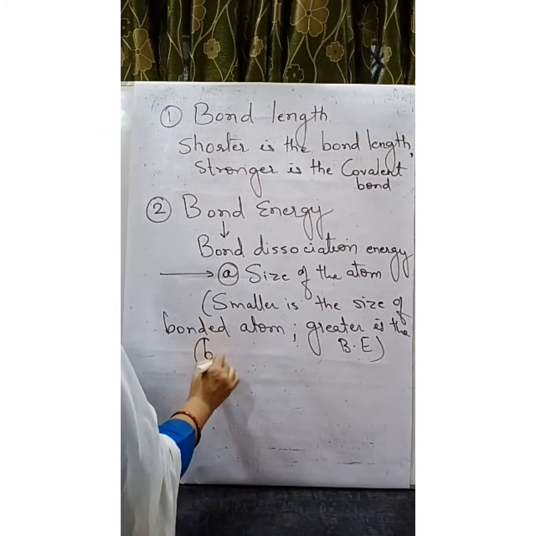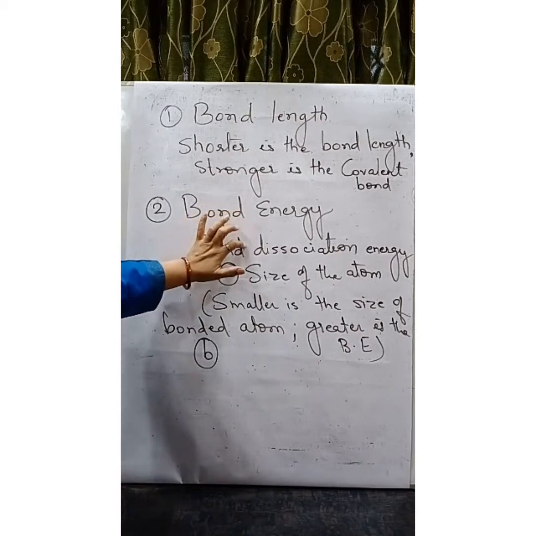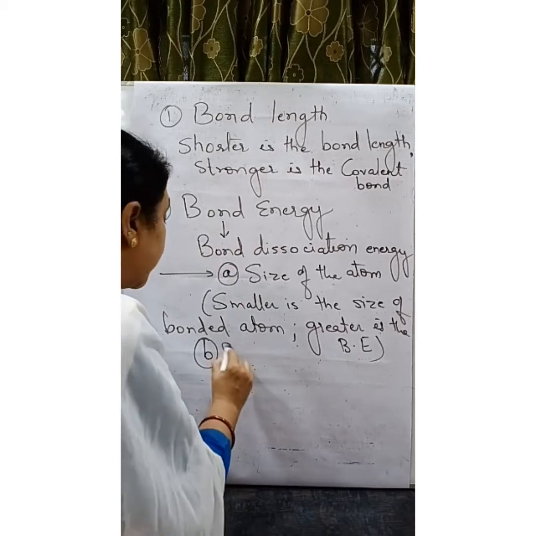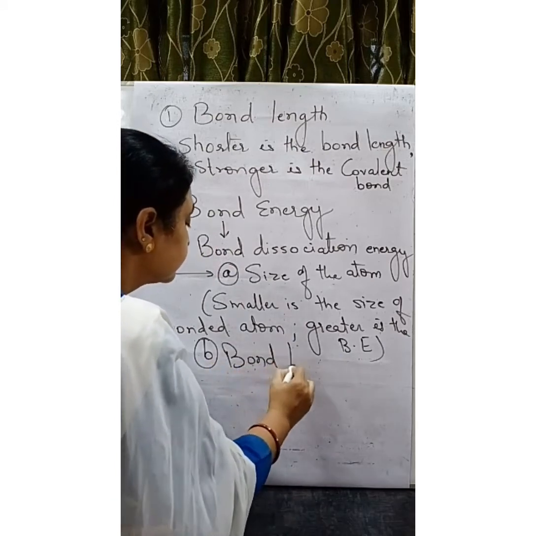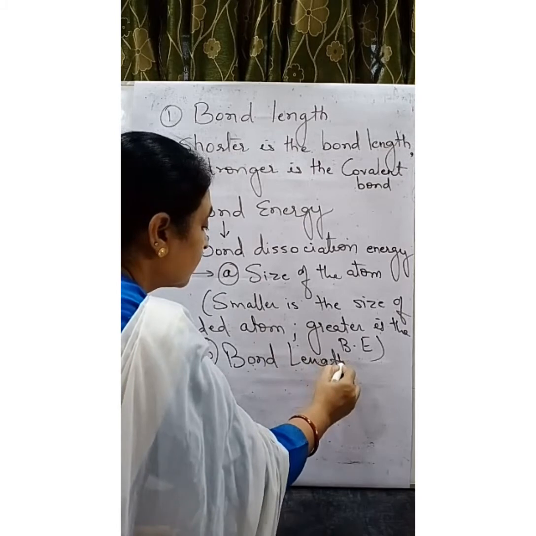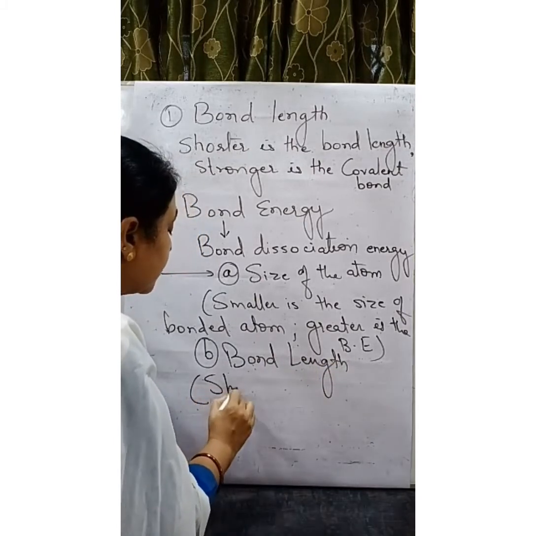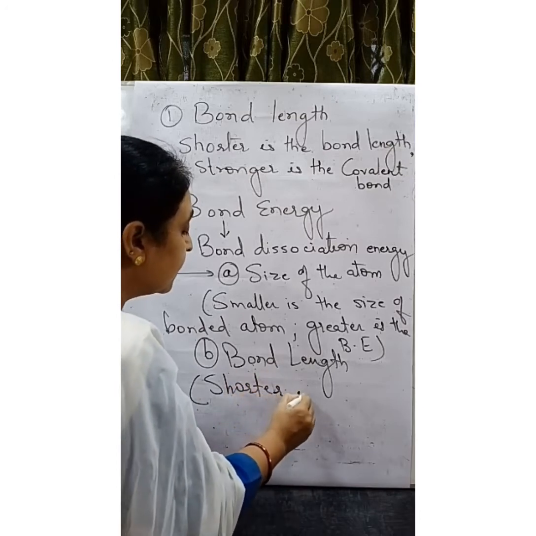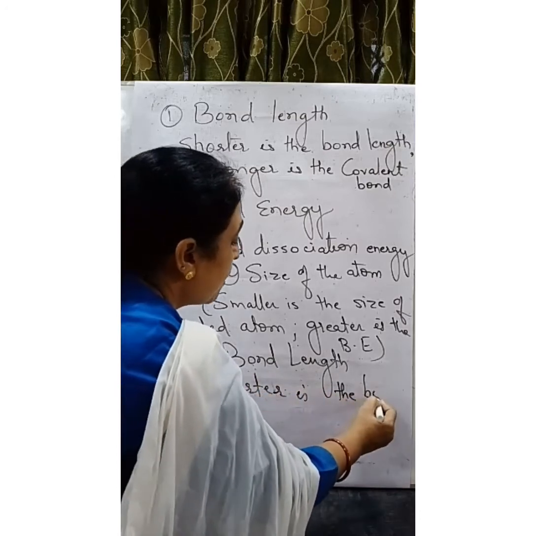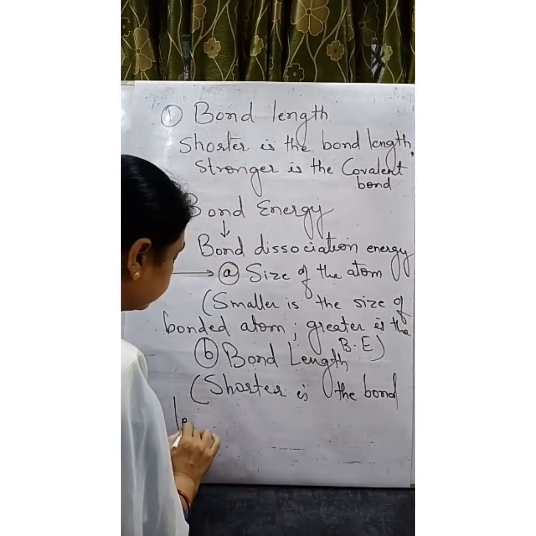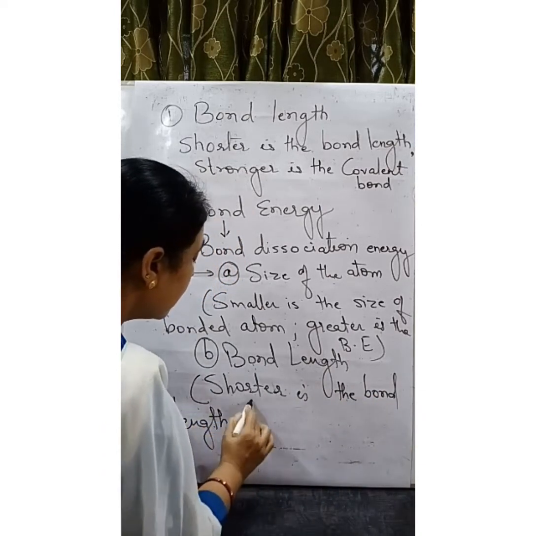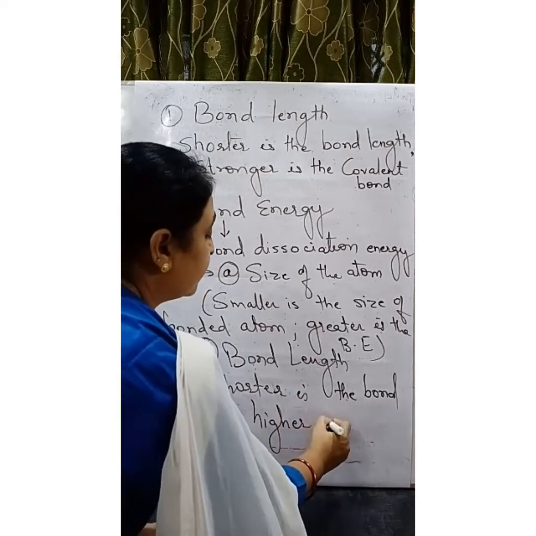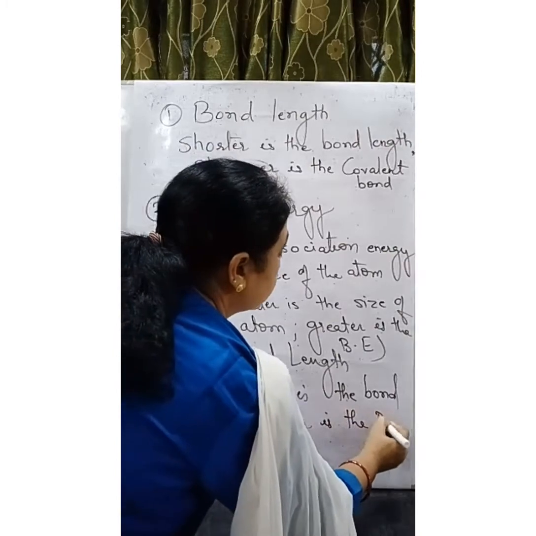The second factor on which bond energy or bond dissociation energy depends is bond length. Here also we can say shorter is the bond length, higher is the bond dissociation energy or higher is the bond energy.